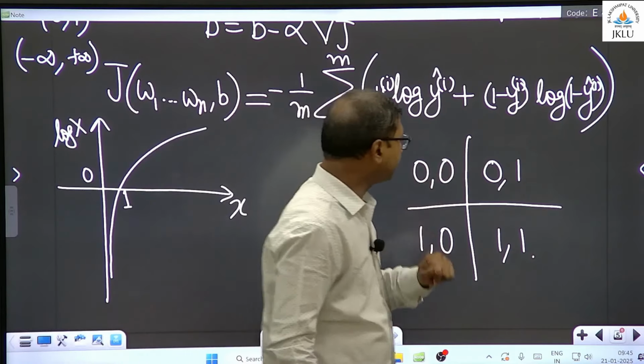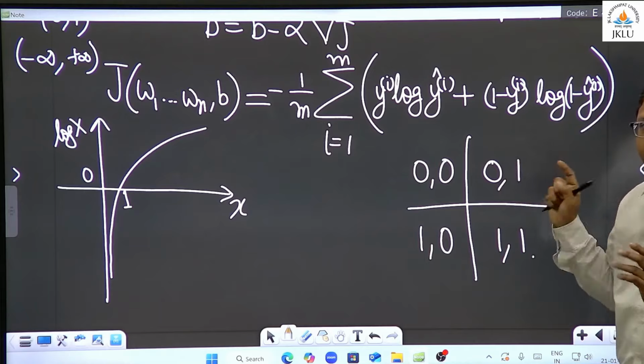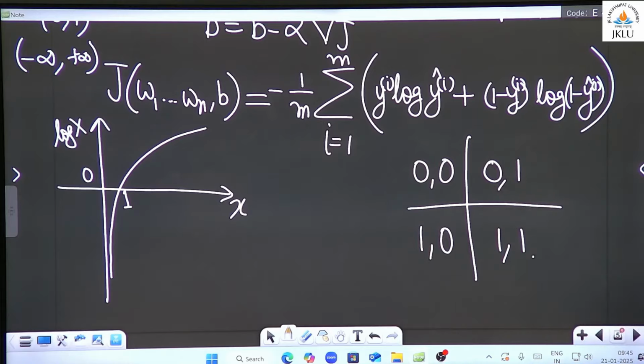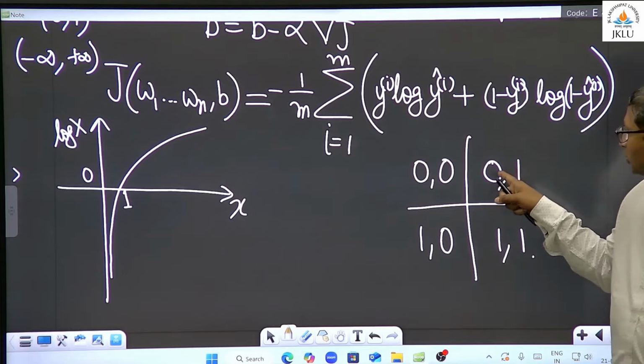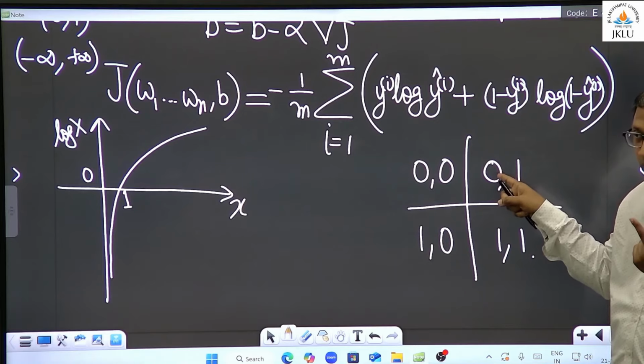Now what happens in this case? The answer is 0, I predict it to be 1. Minus infinity or plus infinity? So y hat was 0.